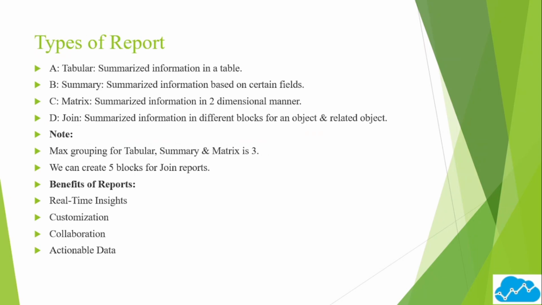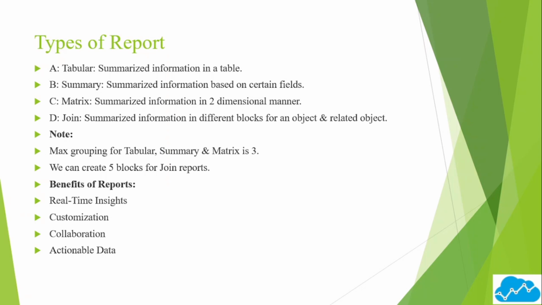Types of report. These are basically tabular report, summary report, matrix report and joint report. So what are tabular reports? It is summarized information in a table. This will return the list of records which are meeting the filter criteria in the form of tables.